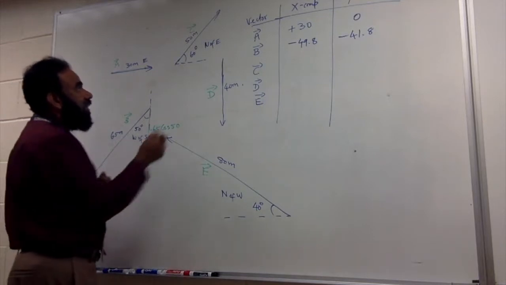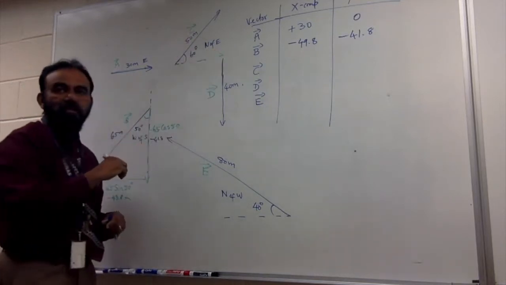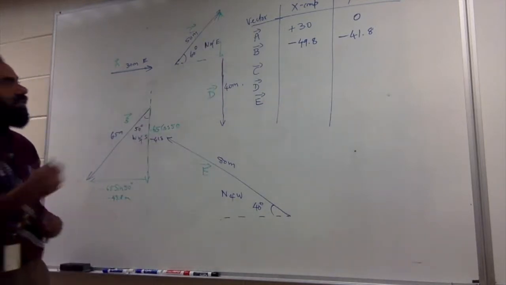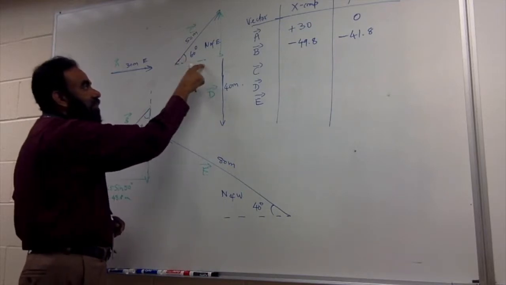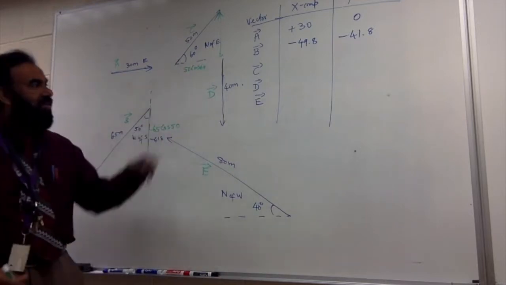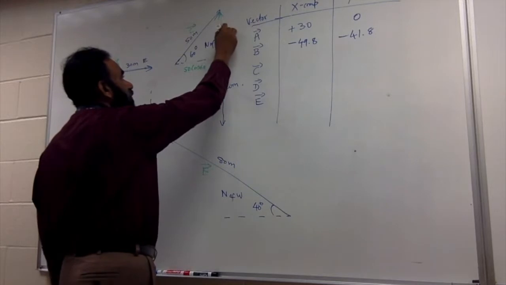I'm going to split the C now. So this is one of the components, and this is the other component. Now what is this? 50 cosine 60. Immediately you pounce on the cosine because it is the adjacent component. And this is the opposite component, 50 sine 60.